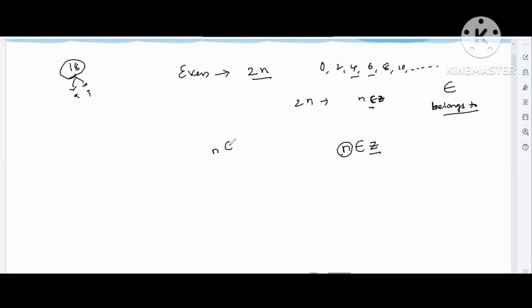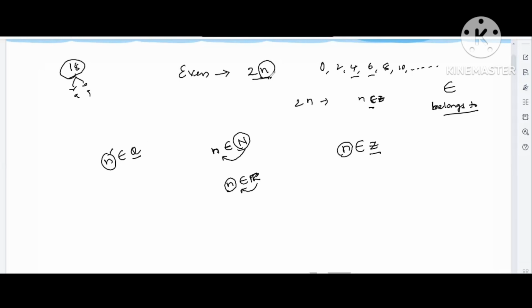For example, n belongs to N means n is a natural number. n belongs to R means n is taken from the set of real numbers. And n belongs to Q means n is taken from the set of rational numbers.